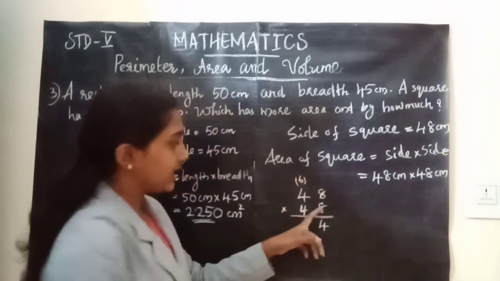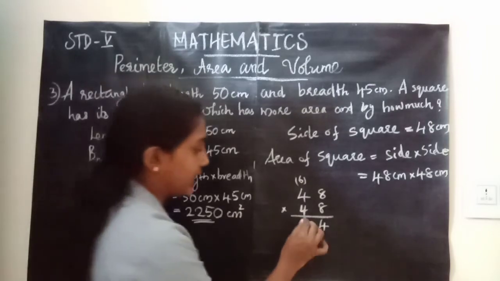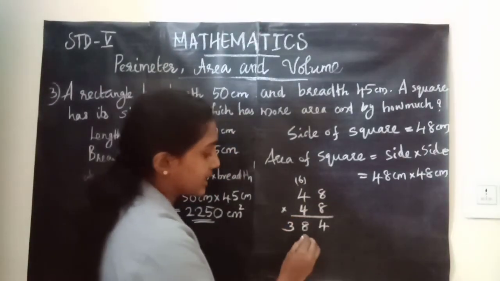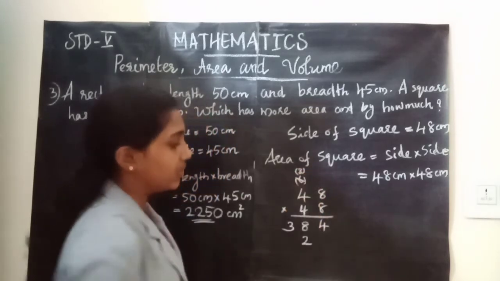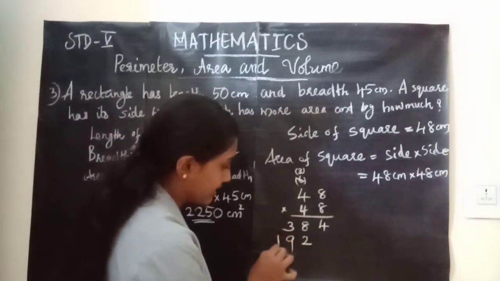6 is carried, 8 into 4 gives 32. 32 plus 6 will get 38 here. 38. 4 into 8 again 32. 4 into 4, 16. 16 plus 3, it's 19.